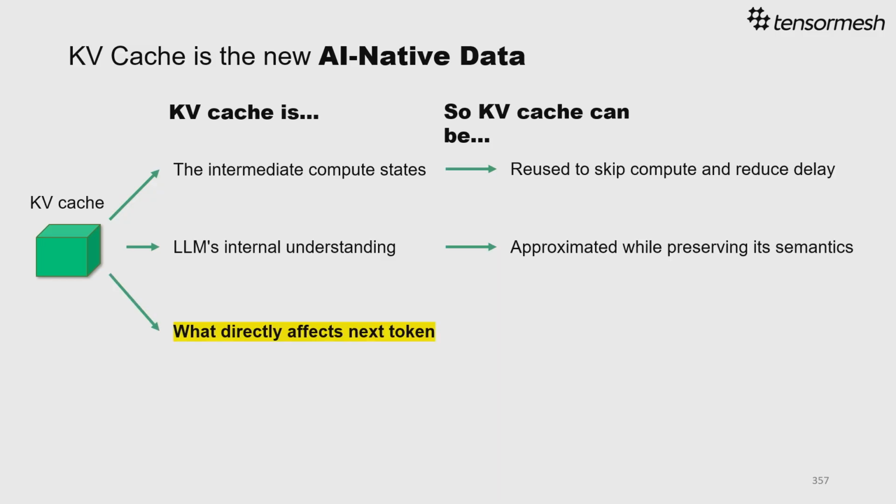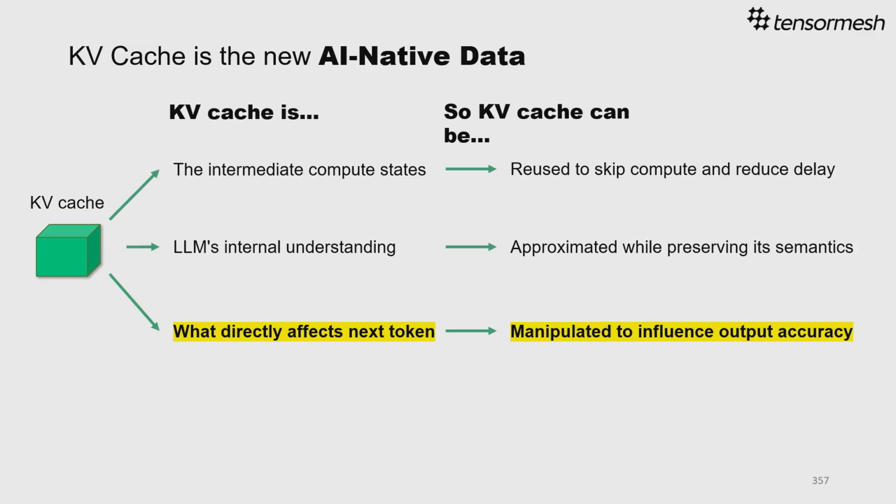And more interestingly, this is actually what the model uses to generate its output. Think about this. Every token the model generates only depends on two things. It's either the model weights or the KV cache. Essentially, mathematically, it's just a product of these two things. So KV cache can be changed to make inference even more accurate.